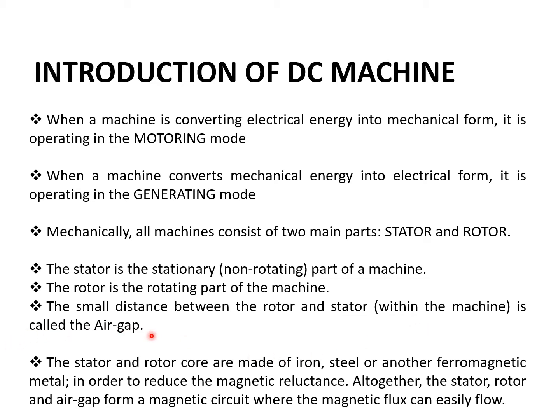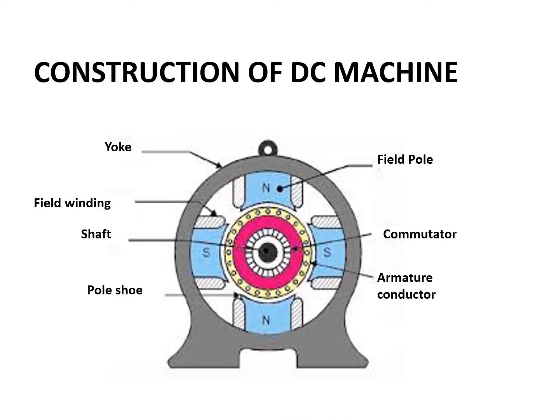The small distance between the rotor and stator within the machine is called the air gap. The stator and rotor cores are made of iron, steel or another ferromagnetic metal, in order to reduce the magnetic reluctance of the stator, rotor and air gap altogether.